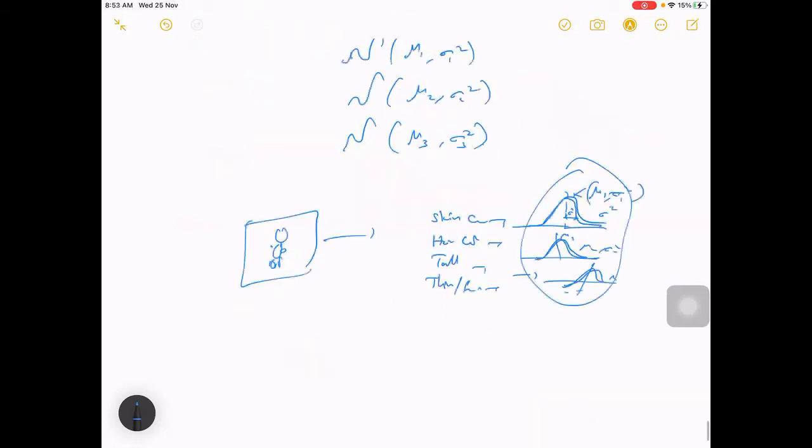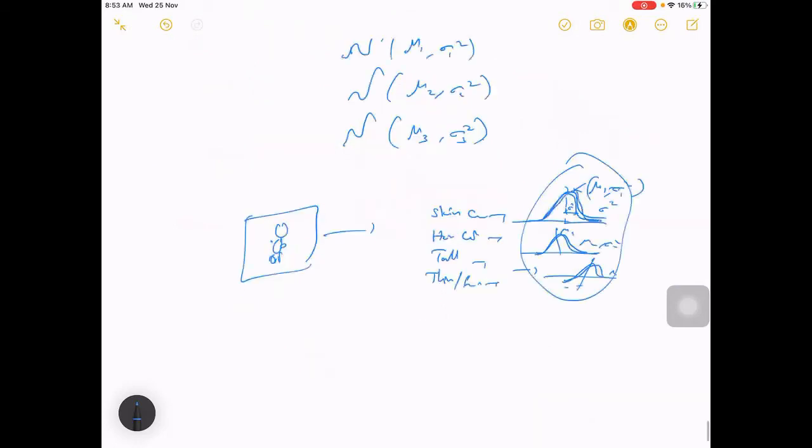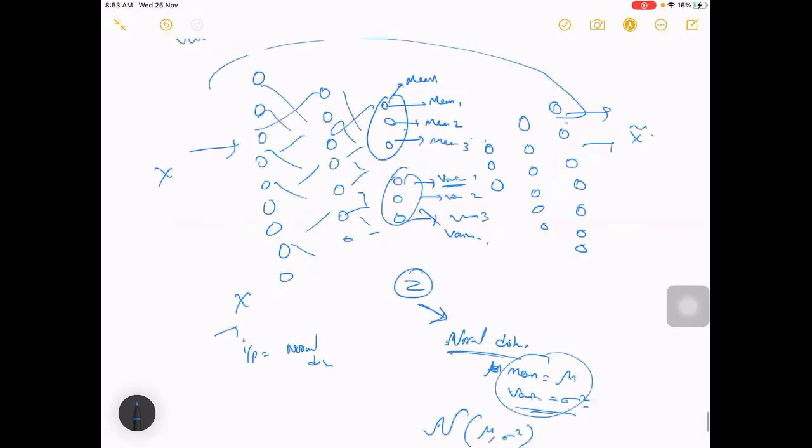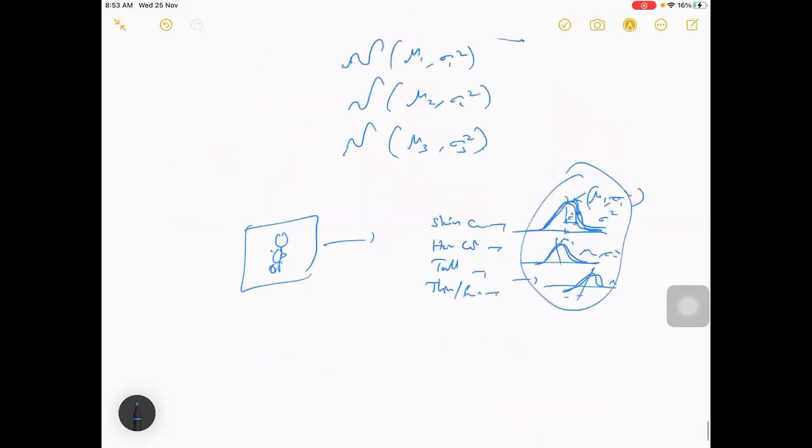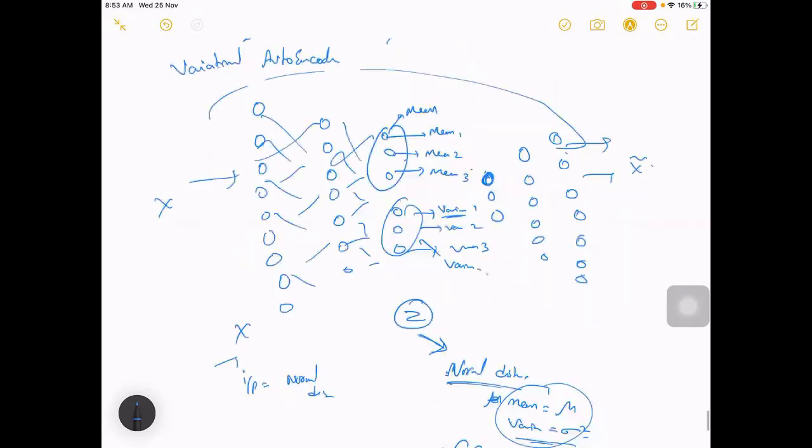which has a distribution like this, we sample a data point. That value will be here. Maybe in the second distribution, we sample one more data point, and in the third distribution, again one more data point. These values we pass on just like previously, and using that we get your reconstructed output.